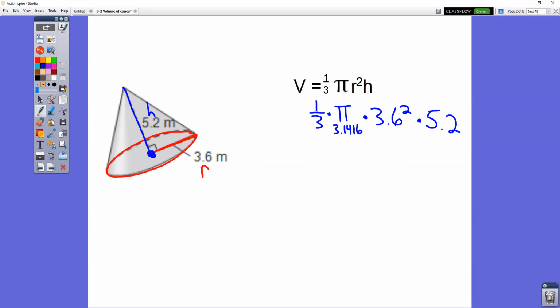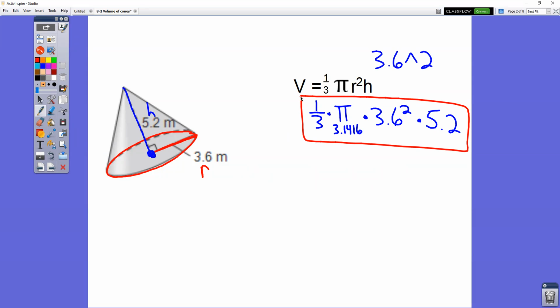Also remember, when you do 3.6 squared, you want to do 3.6 caret button 2. So you're going to type that right into the calculator exactly how it says: 0.33333 or 1 divided by 3 times pi or times 3.1416 times 3.6 squared or 3.6 caret button 2 times 5.2.